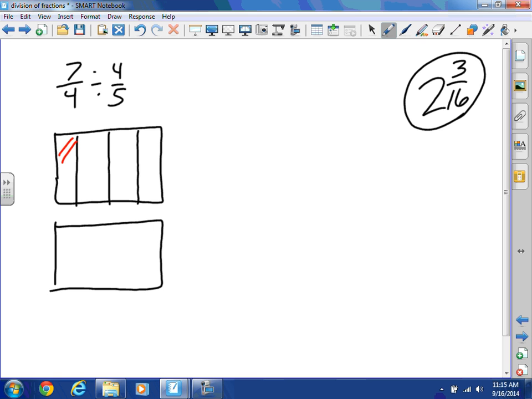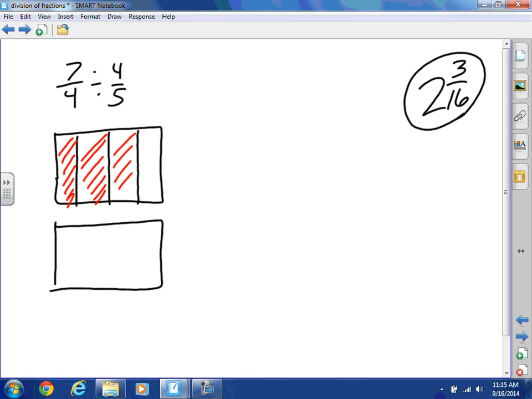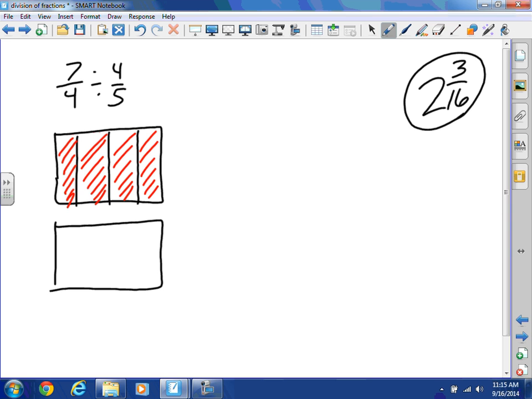I'm going to color in 4 pieces here: 1, 2, 3, 4, that's 4/4. And then I'm going to cut this one into fourths again. And then I need 5, 6, 7. Now I have 7/4.